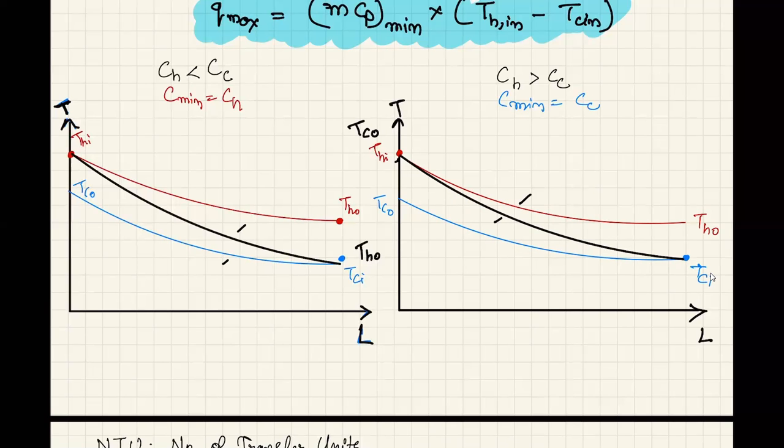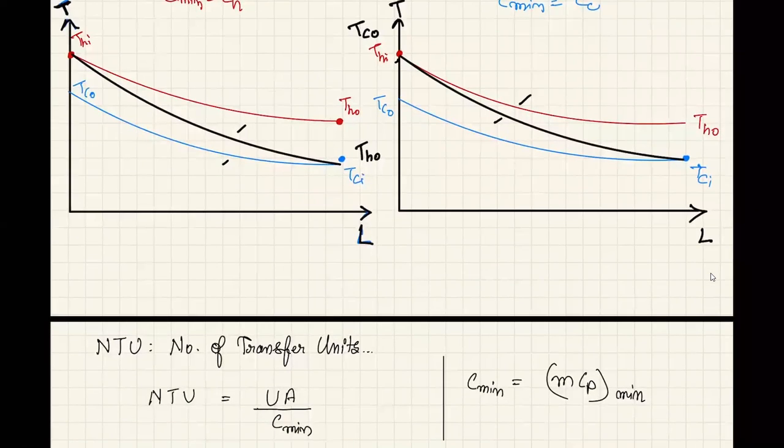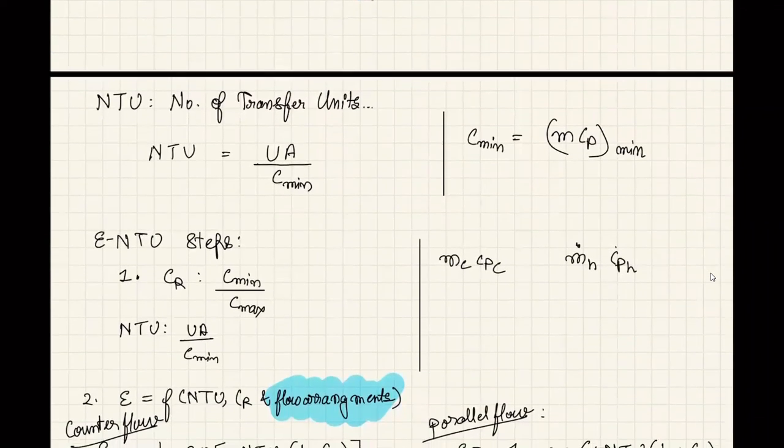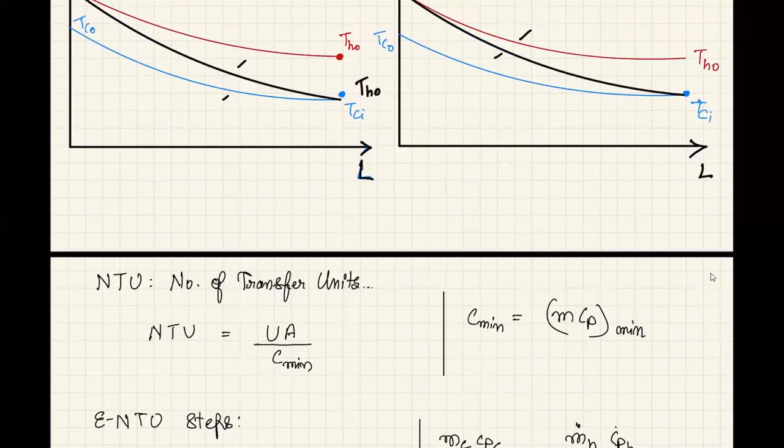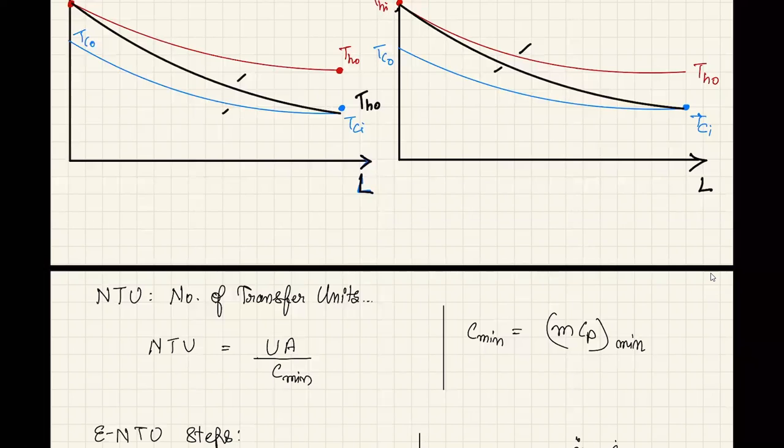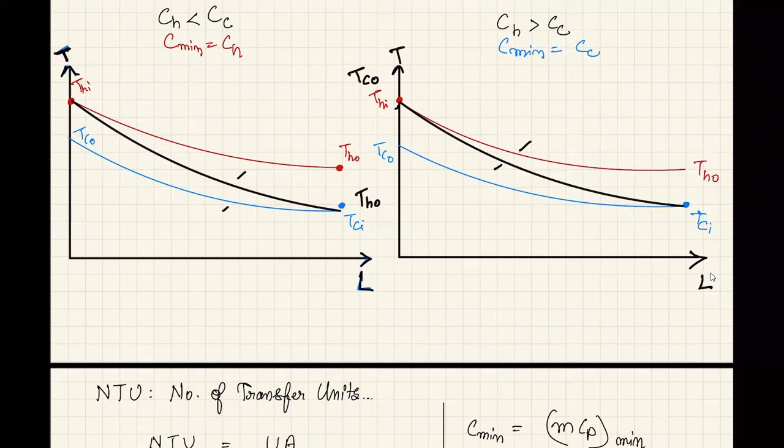And why I am doing this is because in GATE there were some MCQs that had been asked, wherein you had to choose the correct temperature profile for counter flow, wherein they had given the condition like CH is less than CC for counter flow.